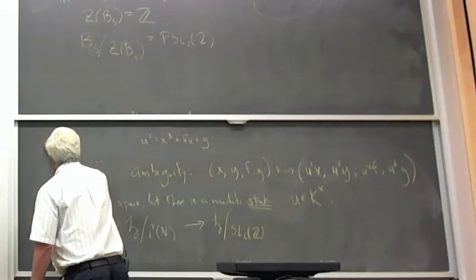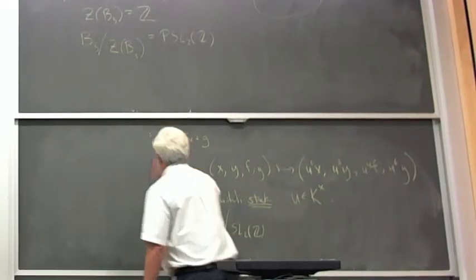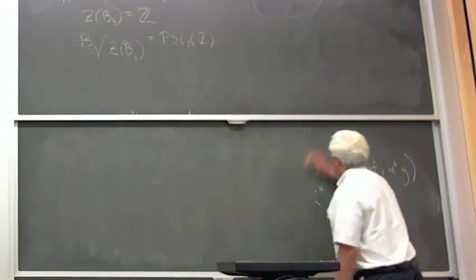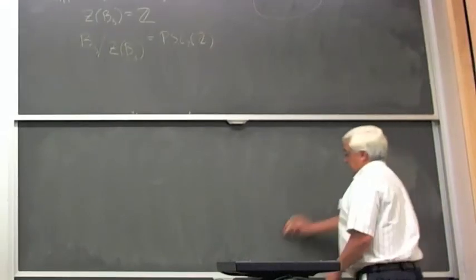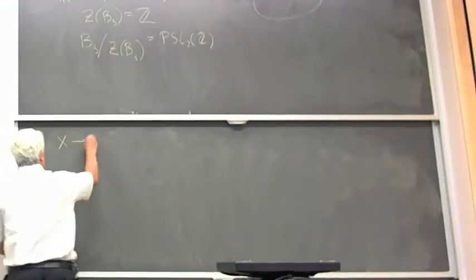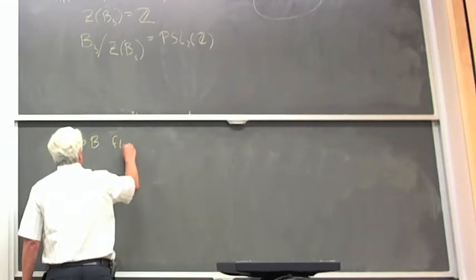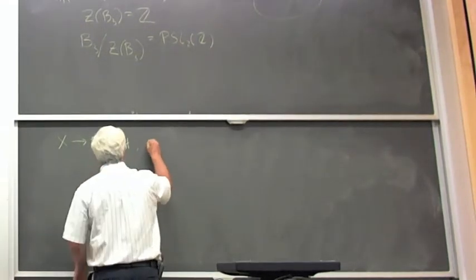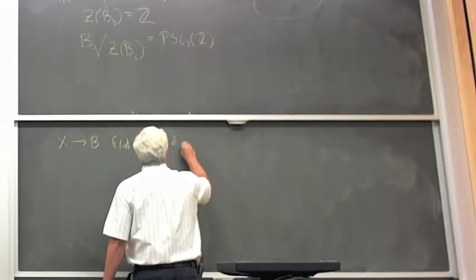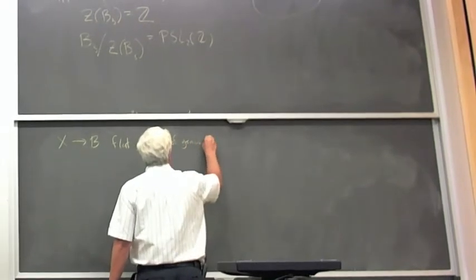So, as I suggested, what I'm interested in is general situations of, say, a flat family of algebraic varieties X to B, flat with fibers of geometric genus 1.